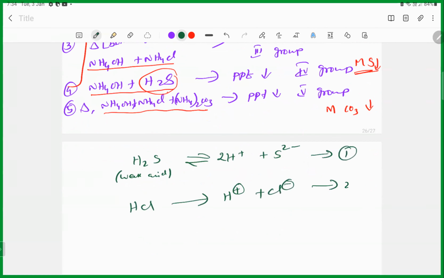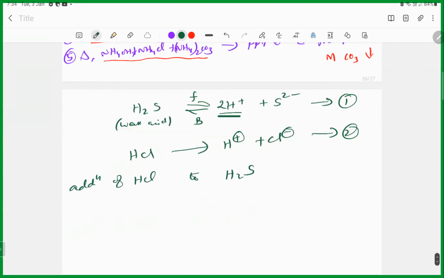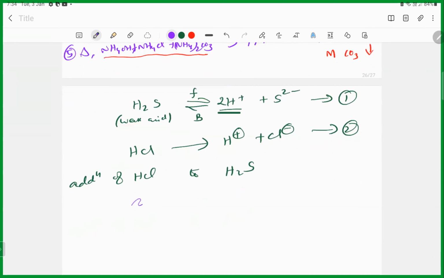When you are adding HCl to H2S, what will happen? This is the forward reaction, this is the backward reaction. When we are adding H plus ion, the H plus ion concentration will be more, so that the backward reaction will take place. It suppresses the forward reaction.